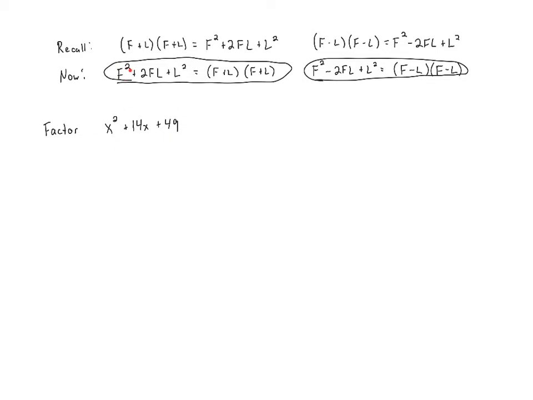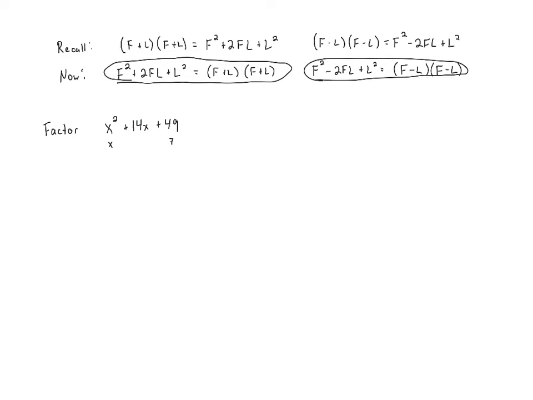We need the first and the last ones to be perfect squares. Well, x squared is x squared, and 49 is 7 squared. So those are both perfect squares. But we also need this middle bit to be double the product. Well, the product of x and 7 is 7x, and if you double that, you get 14x.